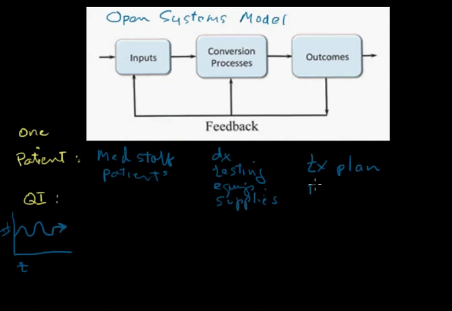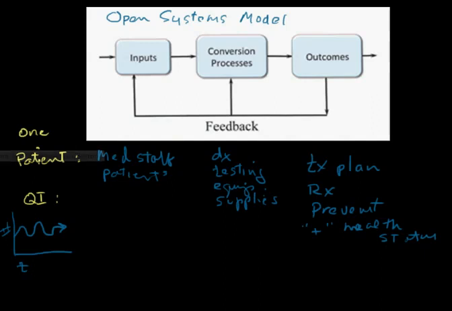Might require prescription medication. It may require some activities that help try to prevent the problem from reoccurring, and also hopefully at the end we end up with a better level of health status.